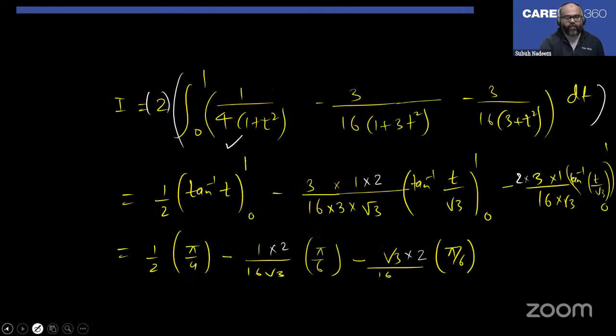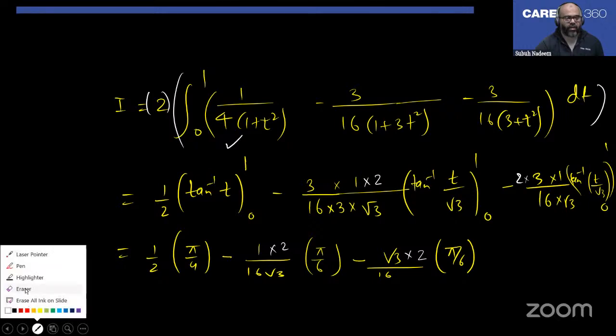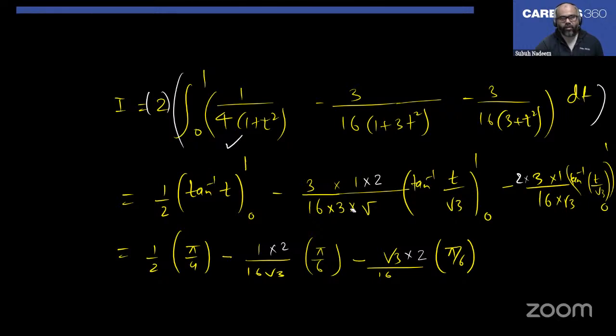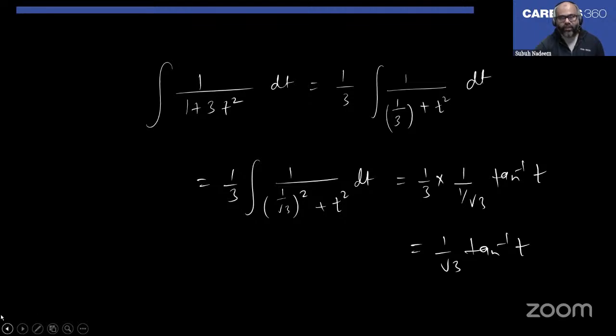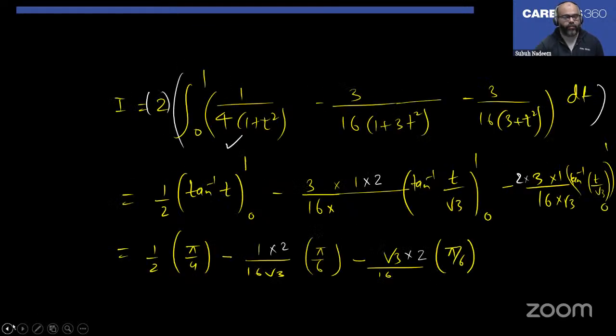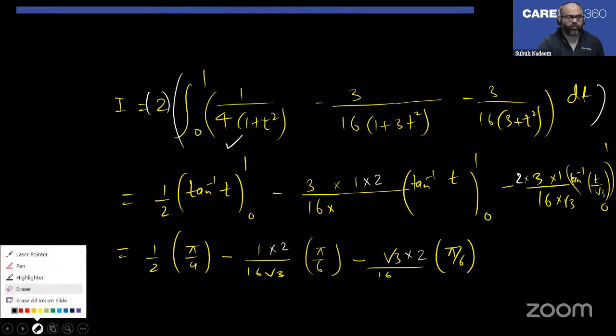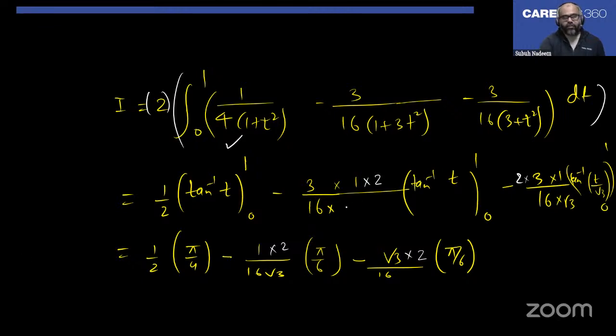So we take it as 1 by root 3 tan inverse t. Another one is 3 plus t square.